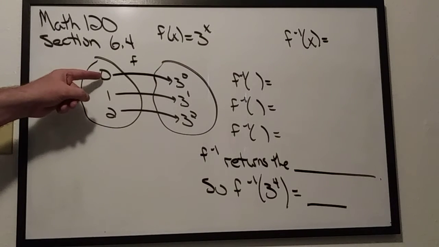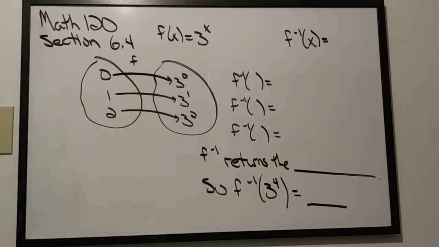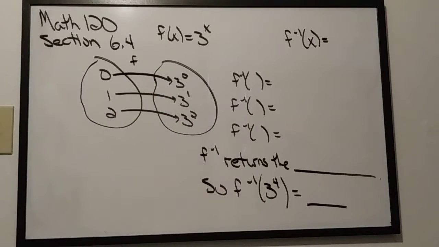We have the fact that if we plug in an x value of 0 into this function f, we're going to get 3 to the 0 power. If we plug in a 1, we're going to get 3 to the first. If we plug in a 2, we're going to get 3 squared. Now, at this point then, what I want to do is jump forward from just function world to something that we've talked about more recently, the idea of an inverse function.